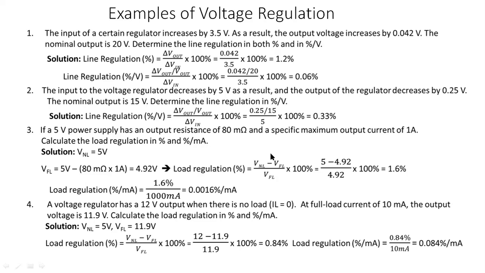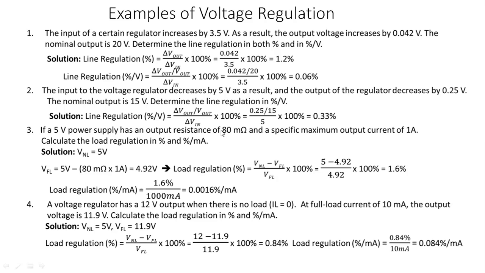We have the formula for percentage: VNL minus VFL upon VFL. But the given voltage is the no-load voltage, because they have given the 5-volt supply with its output resistance, and we are supposed to find the voltage with load.